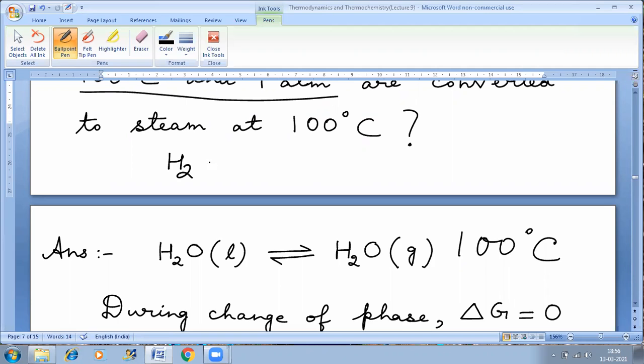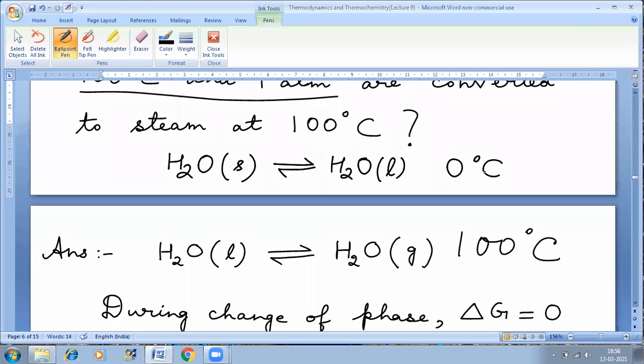Similarly, if I say this, melting of ice at 0 degrees Celsius, then also I'll say that delta G is equal to 0.